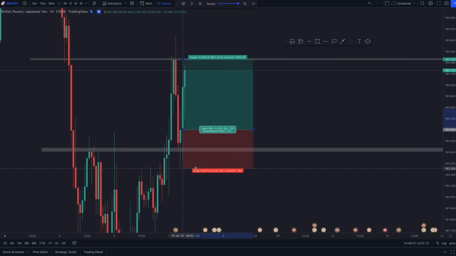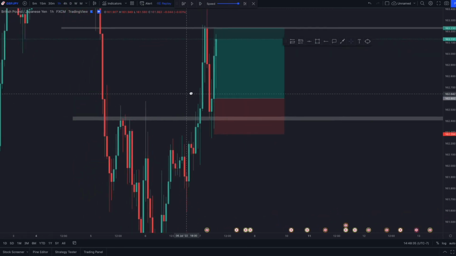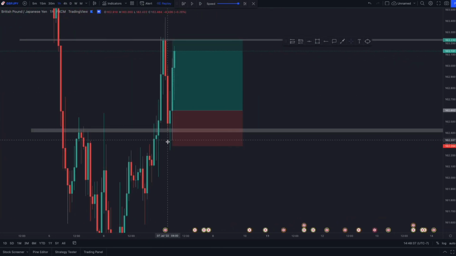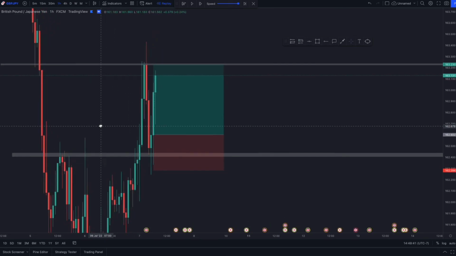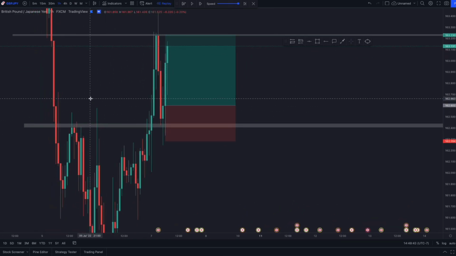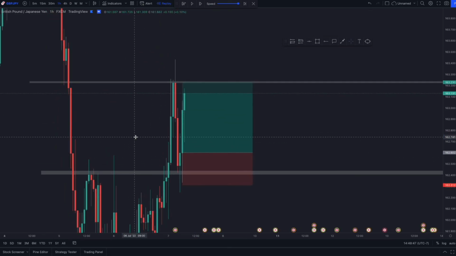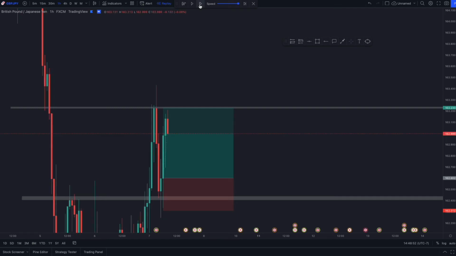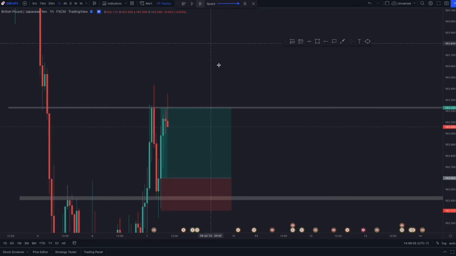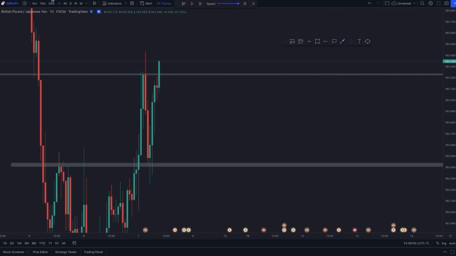The reason I didn't put 25 pips is that 25 pips is way too small, since this candle is 37, and I'm not trying to take that risk. Oh, we almost hit TP. Oh, there you go, we hit TP. Beautiful trade, back to back.